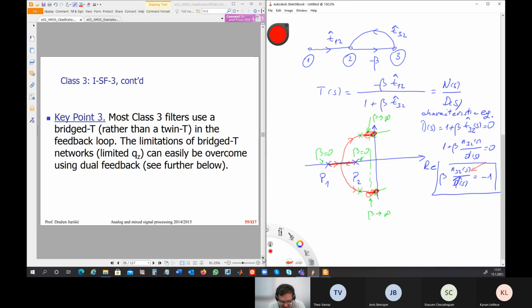Most class 3 filters use bridge-T because twin-T is rather complicated. It's big. It has more elements, and we will see that the bridge-T is simpler than twin-T, but the bridge-T cannot have zeros on the j omega axis. This will be overcome by something else later.